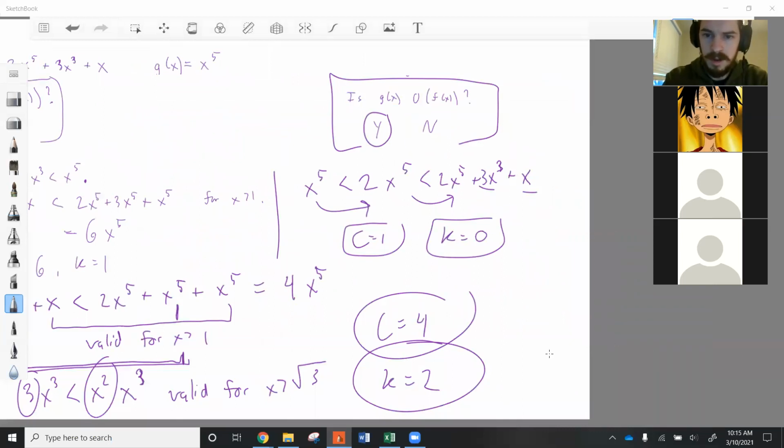For Mahmoud, we were talking about where the c equals 1 and the k equals 0 came from. So this essentially is saying g of x is less than f of x, and this is for all x that are positive. Because multiplying a positive number by 2 is going to give you a bigger number. If you multiply a negative number by 2, it gets smaller. If you multiply a positive number by 2, it gets bigger.